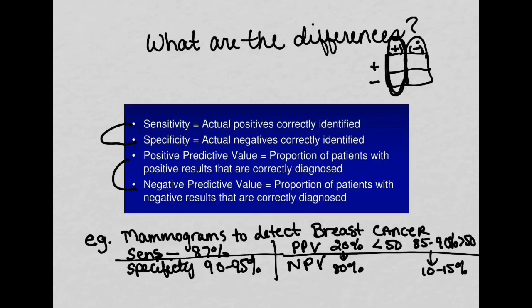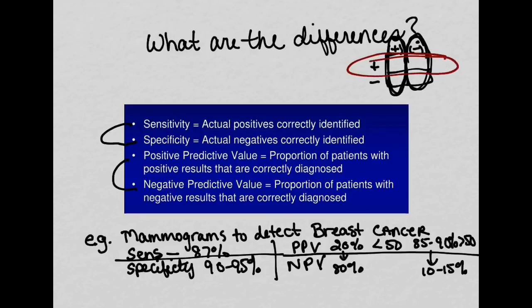So we're going to do this count: those who actually don't have the disease, what's the actual negatives correctly identified? Meaning, if you don't have breast cancer, you should test negative. If you have a high specificity, you should test negative. If you test positive, you're one of the rare 5 to 10% that test positive even though you don't have breast cancer at all.